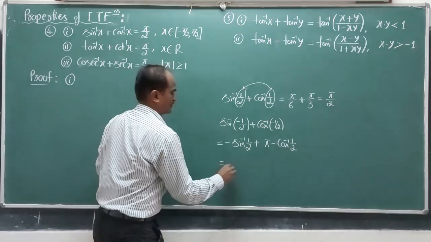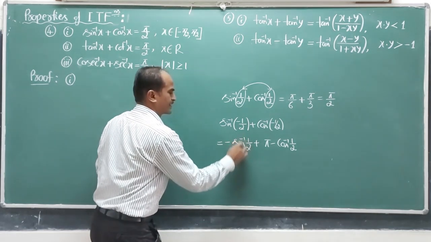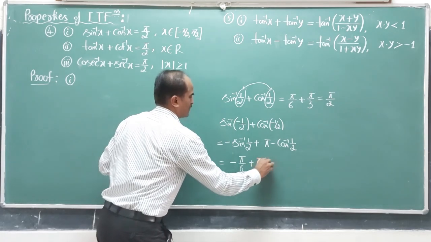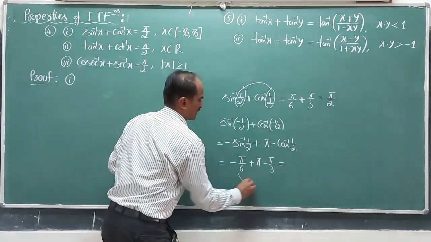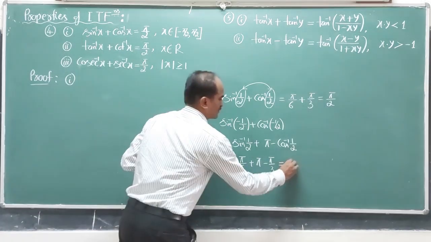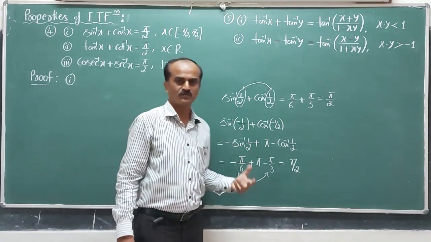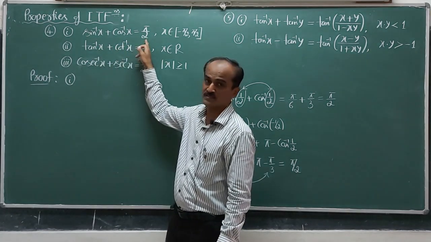Now I will write minus sin inverse of 1 by 2, pi by 6, plus pi minus cos inverse of 1 by 2, it is pi by 3. Pi by 6 and pi by 3 together make pi by 2, pi minus pi by 2 will end with pi by 2. So either x is positive or negative, cos inverse x plus sin inverse x gives us pi by 2.